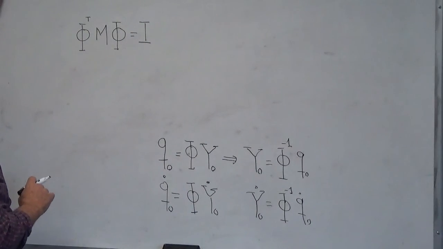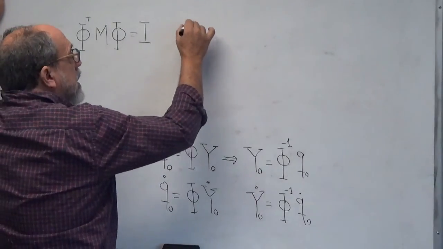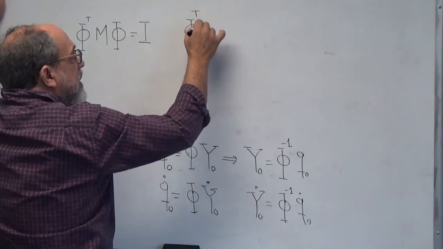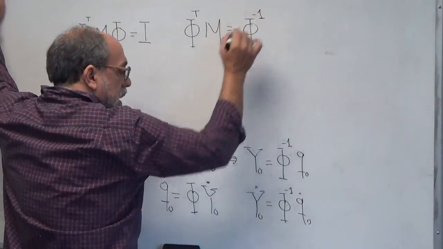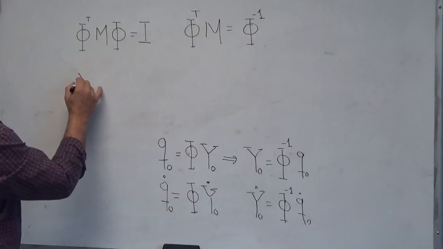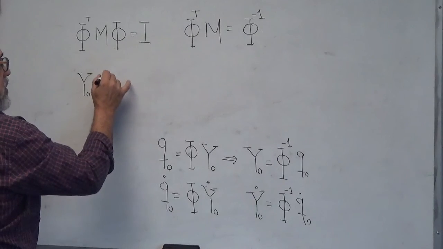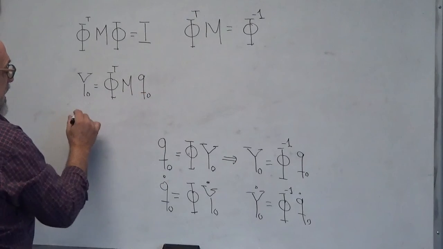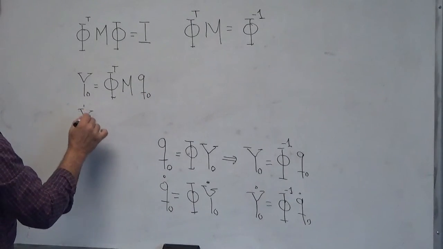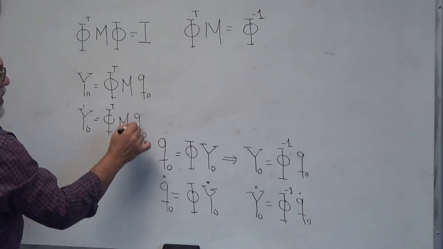From that, we can post-multiply by phi to the minus 1, and as we've seen before, phi transpose times m is equal to phi to the minus 1. Therefore we conclude that the initial displacements y0 are equal to phi transpose times the mass matrix times q0, and the initial velocities are equal to phi transpose times the mass matrix times q0 dot.